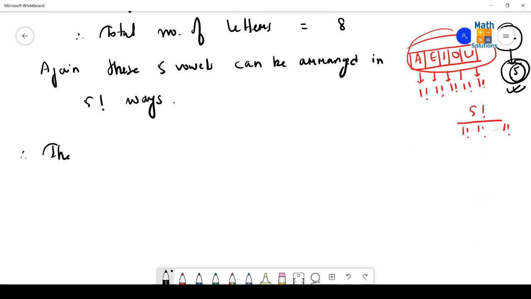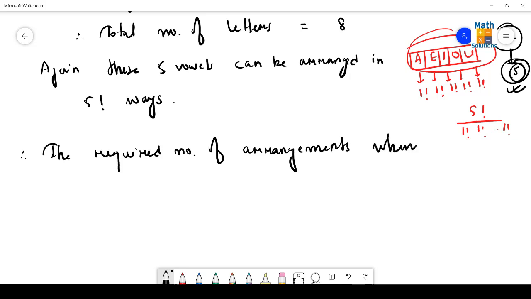Therefore, the required number of arrangements when all the vowels occur together.